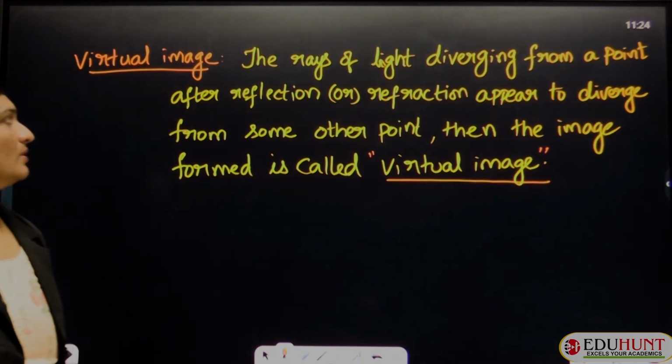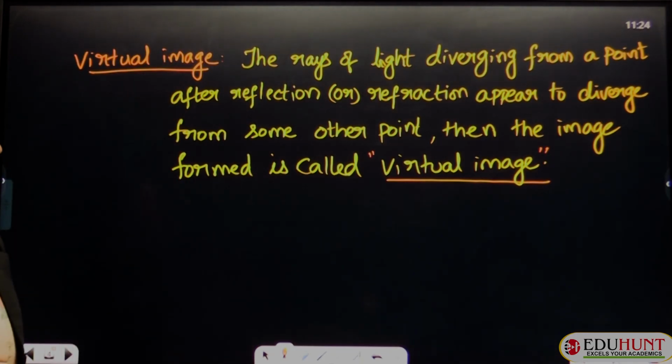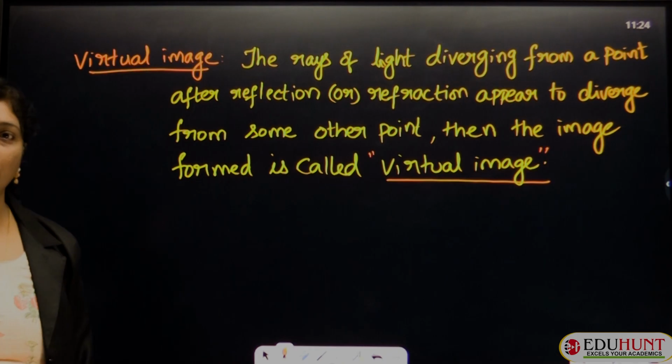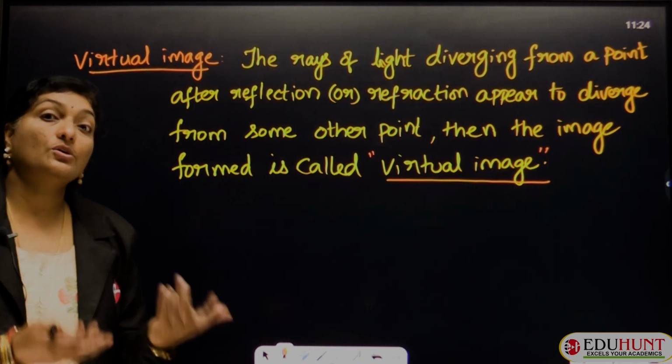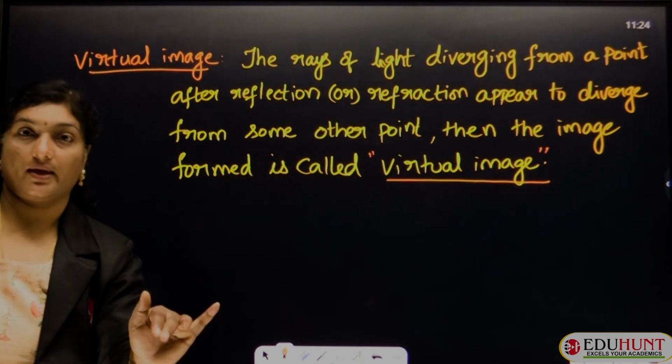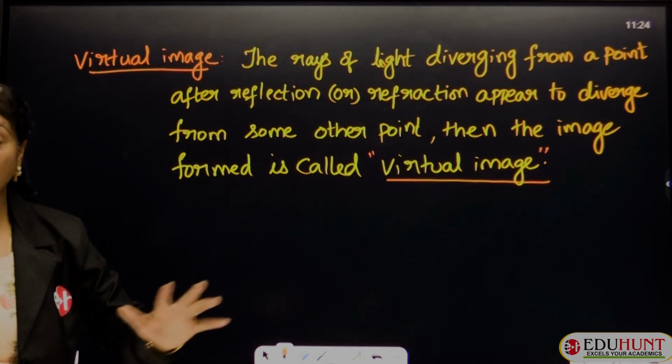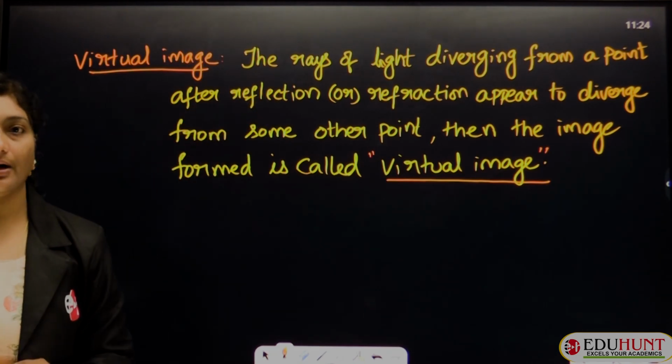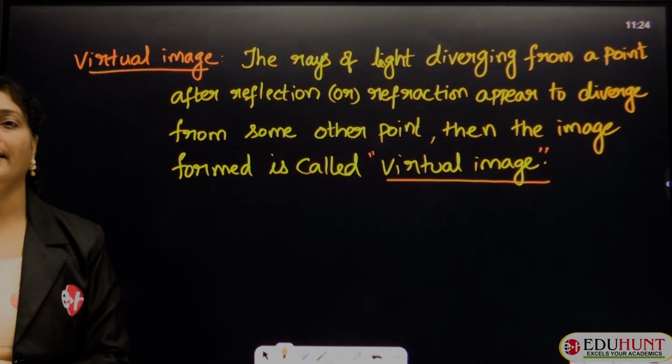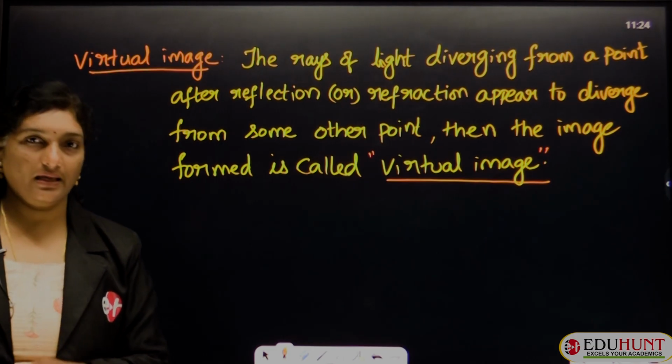Is it clear, children? What is virtual image? The rays of light diverging from a point after reflection or refraction appear to diverge from another point. Then during this process some image can be observed. This image is generally termed as your virtual image.